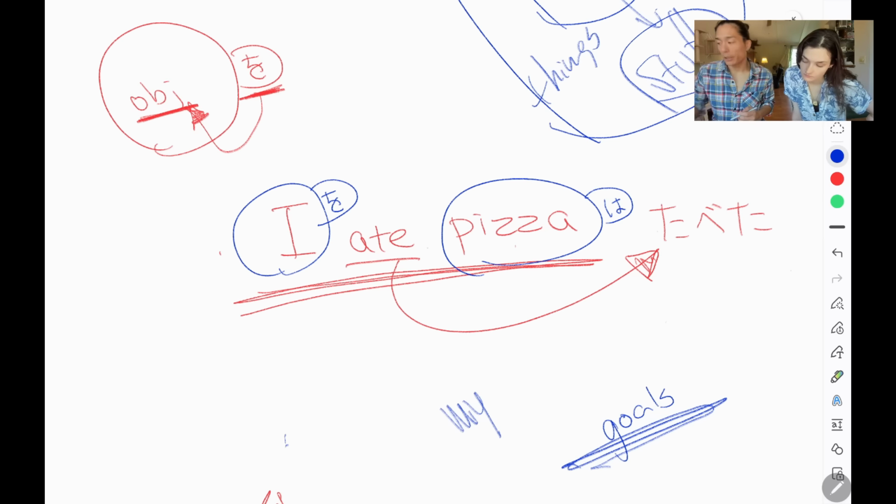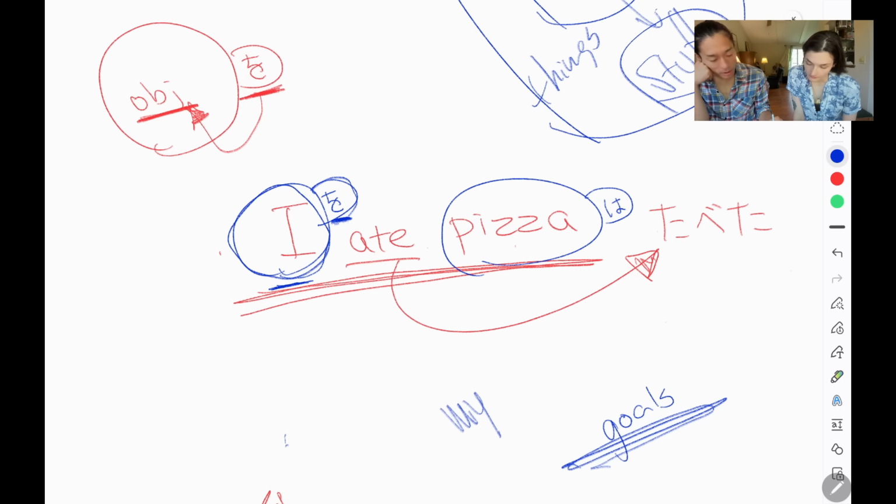What do you think it would mean? That the pizza ate me. Good. Right. We put the object marker o, so "I" is the object of eating. And then since we put wa here, pizza would be the subject of the sentence.